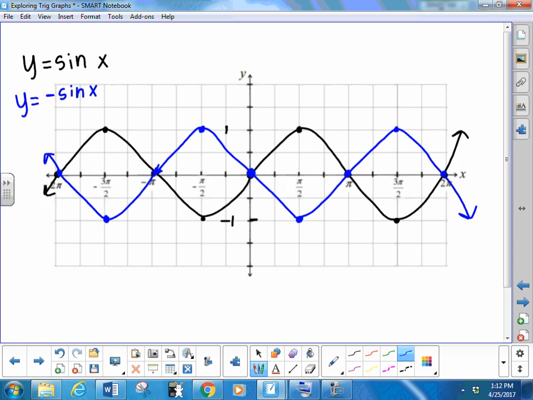So what does a negative a do to the parent? Your 0 points will stay the same, but your other points will not stay the same.